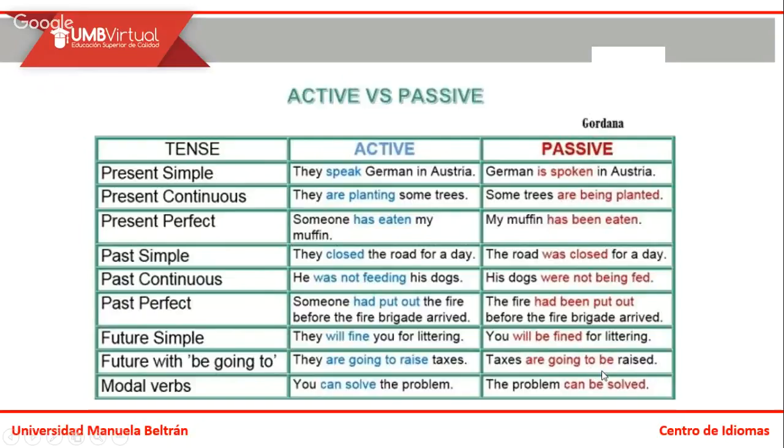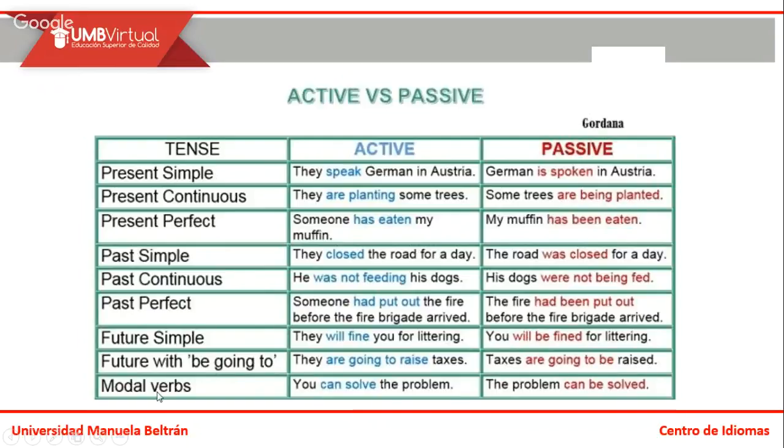Entonces, siempre que ustedes vean una oración con futuro, be going to, van a cambiar el verbo to be conjugado según el objeto del cual estén hablando. That is clear, so that's why we have are, but if we have something singular like car, we can put is. Siempre va a haber estas tres palabras de la misma manera, ¿ok? Going to be. Y luego van a conjugar el verbo en pasado participio.